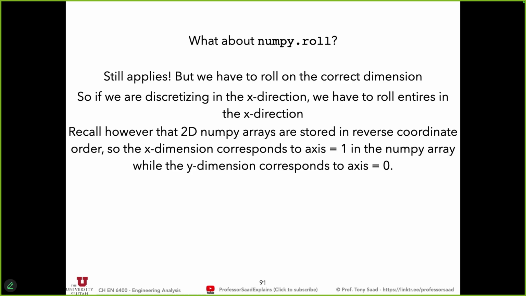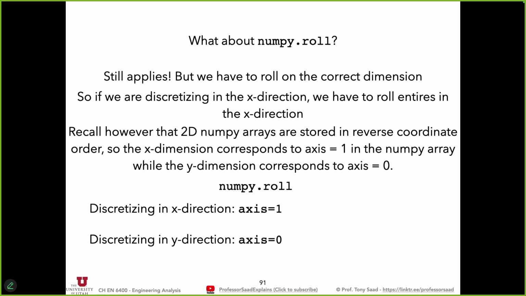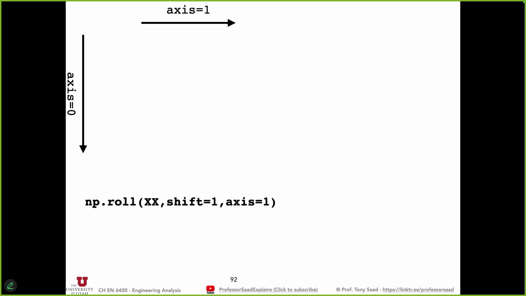So our y dimension corresponds to axis 0, and our x dimension corresponds to axis 1. Discretizing in the x direction, remember always axis is 1, and discretizing in the y direction, remember always axis is 0.